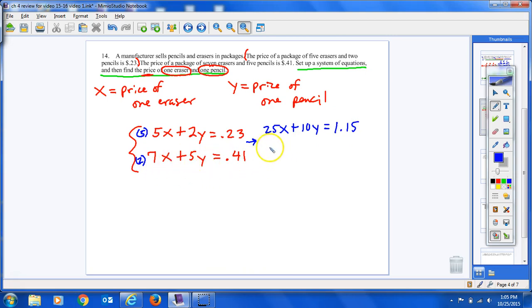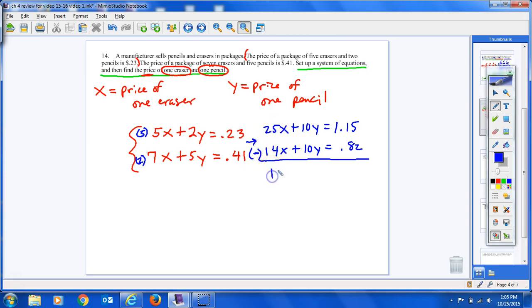Bottom equation by 2 is 14x plus 10y is equal to 0.82. Alright, so we're setting this up to eliminate y with subtraction. So I'm going to put a little minus sign there as a reminder.